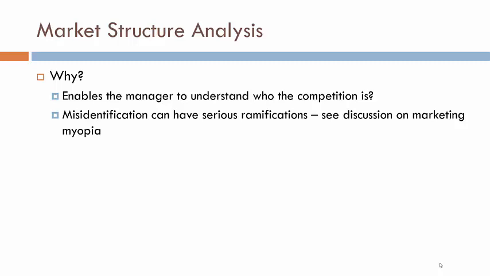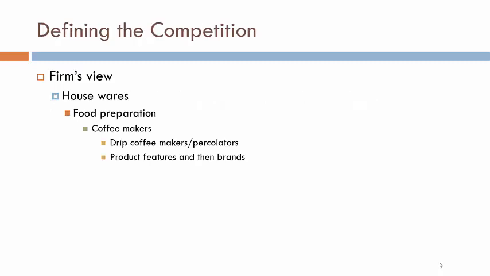So, how do we define our competition? That becomes a very important question. First, we can define competition by taking the firm's view, or a supply-side approach. For instance, if we look at the home appliances category in a department store, firms might take a product-centric view and define their competition by the kind of appliances that they manufacture and sell.